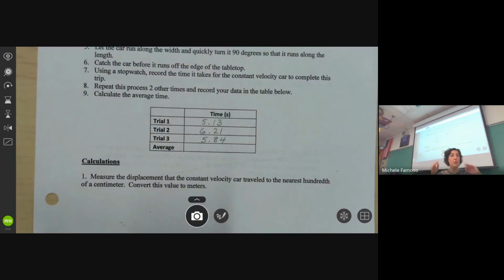Once you have all 3, let me know. You can bring your buggy up and put it back on my cart for me. Once you got all 3 times, please bring the car up front, and then we'll talk about how to do the average once everybody's ready.